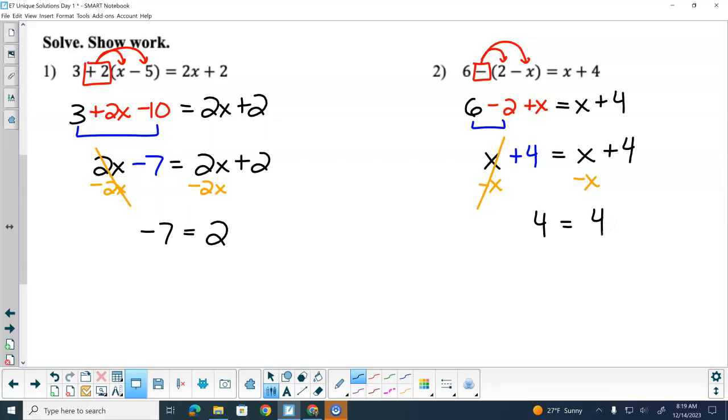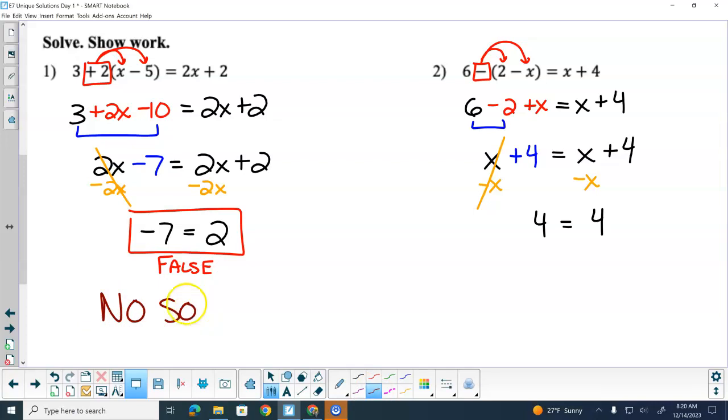So the left one, number 1, has a false statement without variables. Okay? The right one is a true statement without variables. So they're not both solutions, Jake. Because the left one is a false statement without variables, our answer on this one is no solution.